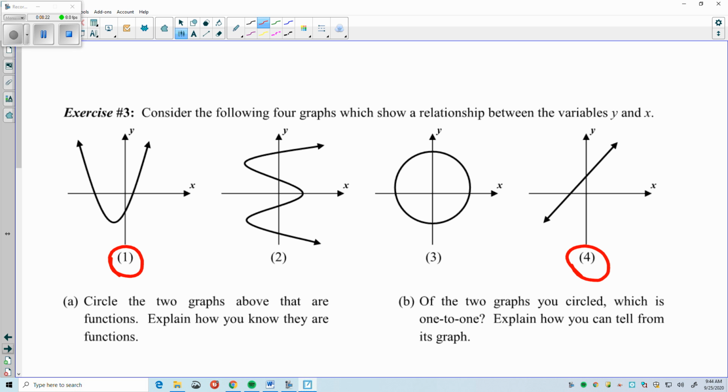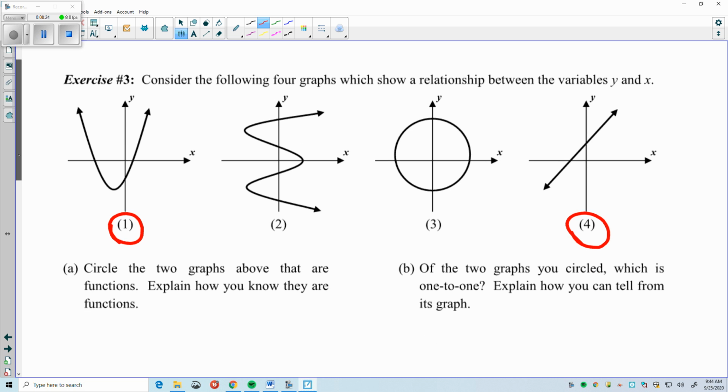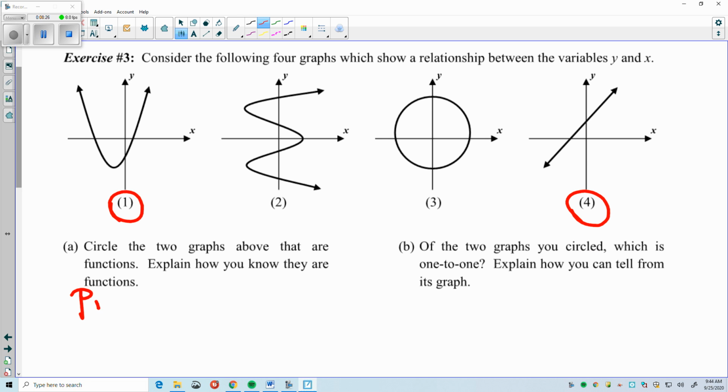So 1 and 4 are functions, and I know that they're functions because they pass the vertical line test. And we could also say each input gives me 1 output.